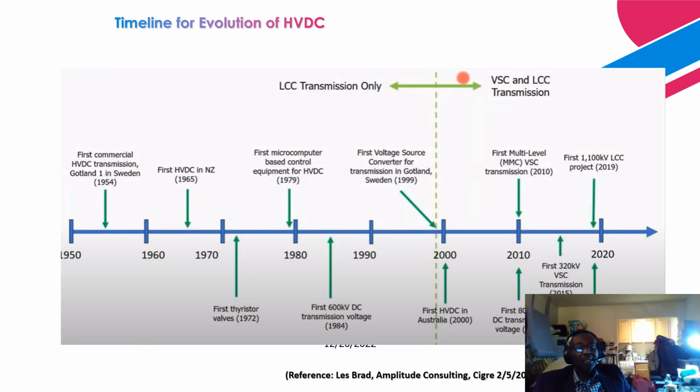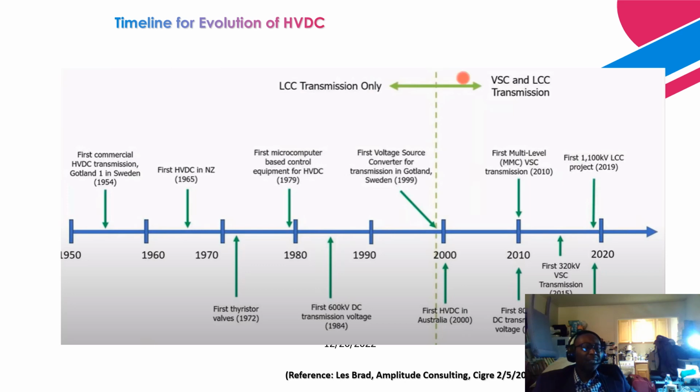So capacitor commutated converters were introduced to provide that amount of power, which prevents you from installing filters and reactive compensation that introduce a larger cost. So capacitor commutated converters were introduced to cut down the cost associated with LCC transmission technology.